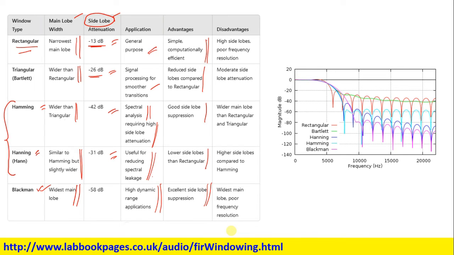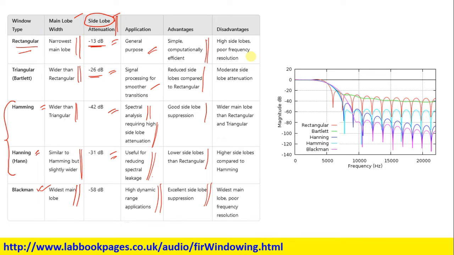Okay, and that is also legible when you analyze the side lobe attenuation values. Okay, then disadvantages: high side lobe, poor frequency resolution, because the frequency components which are meant to be rejected, some of them will get into your filtered signal.